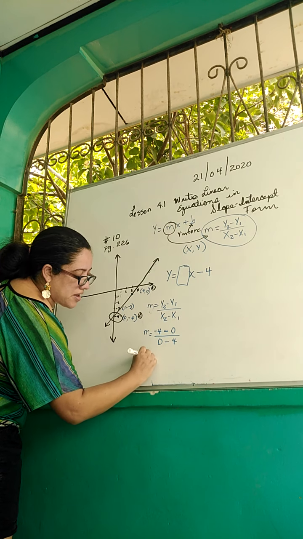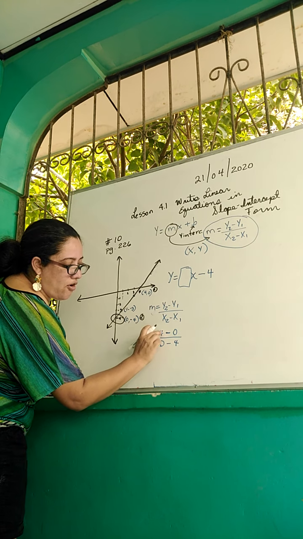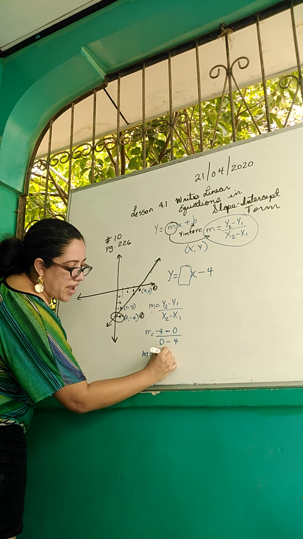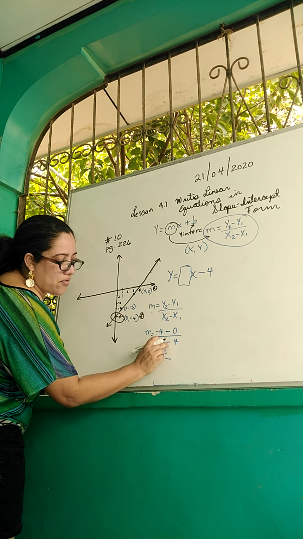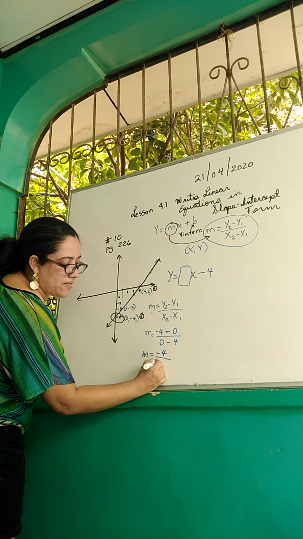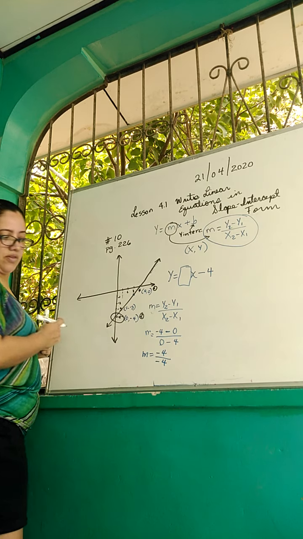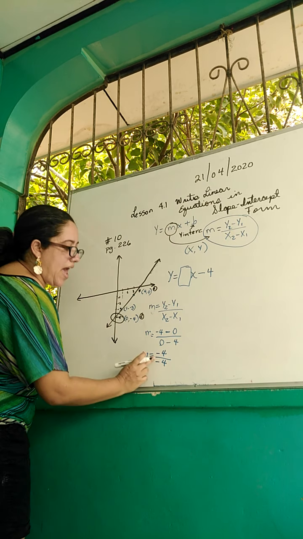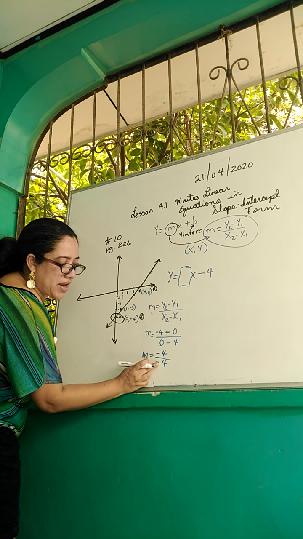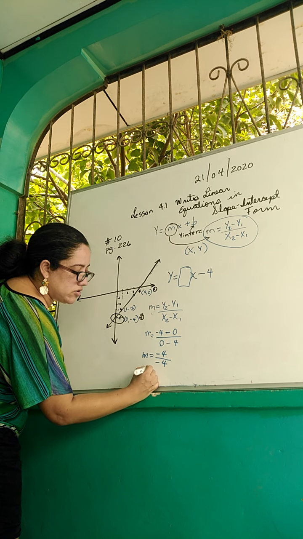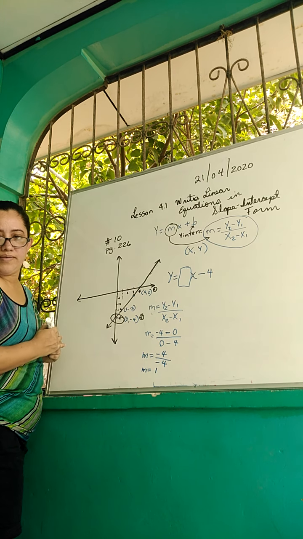So now let's see. Negative 4 minus 0 is negative 4. 0 minus 4 is minus 4. So what do we have? Negative 4 divided by negative 4 equals positive 1.